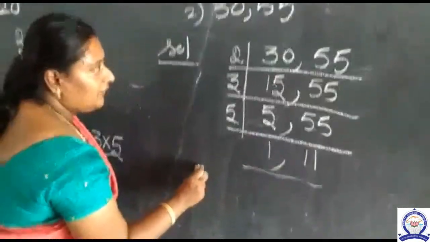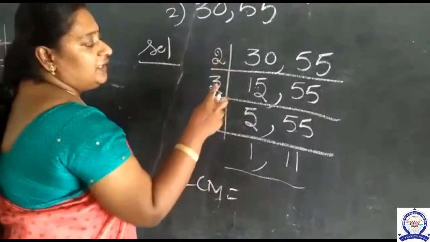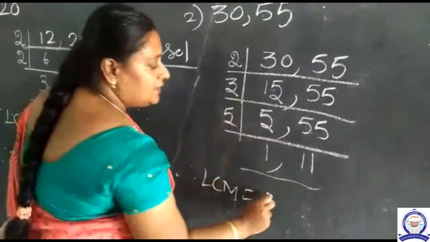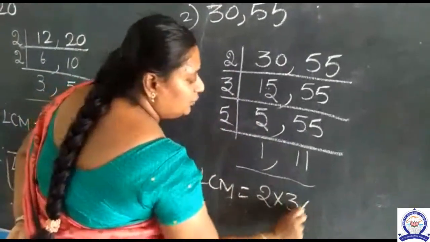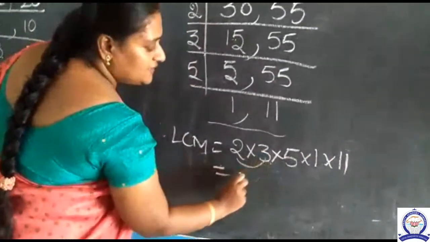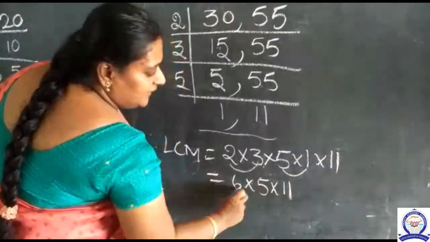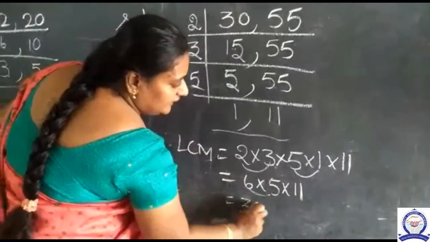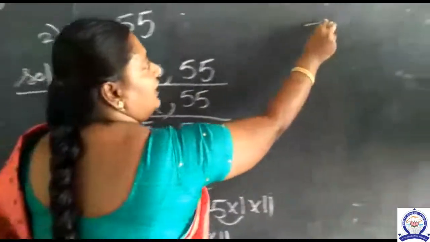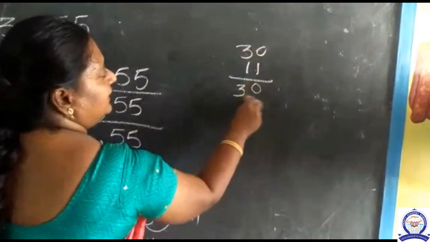Now, therefore, LCM is equal to 2 into 3 into 5 into 1 into 11. So these 5 numbers we have to multiply. That is equal to 2 3s are 6 into 5 1s are 5 into 11, then 6 5s are 30 into 11. 30 into 11, so you multiply and see. 1 into 0 is 0. 1 3s are 3.